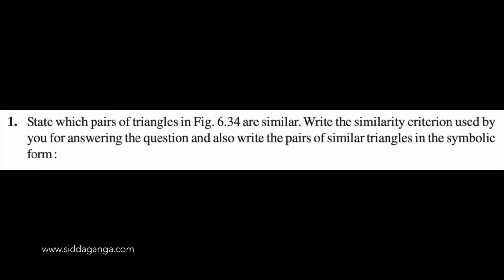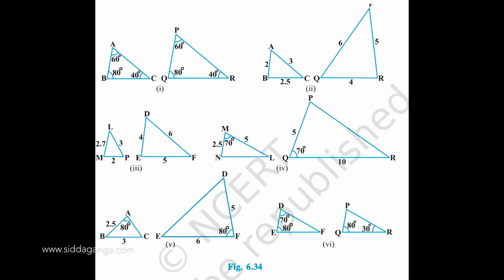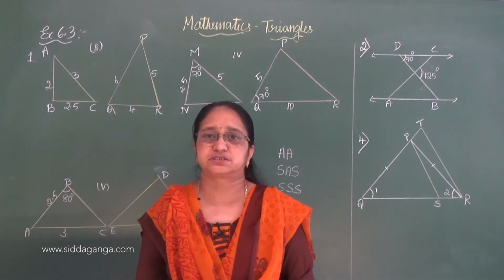State which pairs of triangles in figure 6.34 are similar. Write the similarity criterion used by you for answering the question, and also write the pairs of similar triangles in the symbolic form. See, the basics which we studied in the beginning of this triangles chapter, we are going to do that. So you have to state which pairs of triangles are similar.